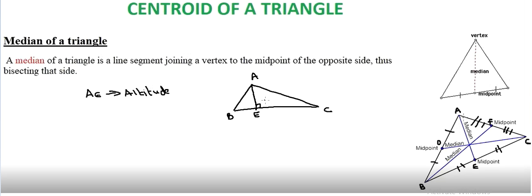Now, what will be the median? Will AE be a median of this triangle ABC? No. AE will not be a median because E is not the midpoint of BC.